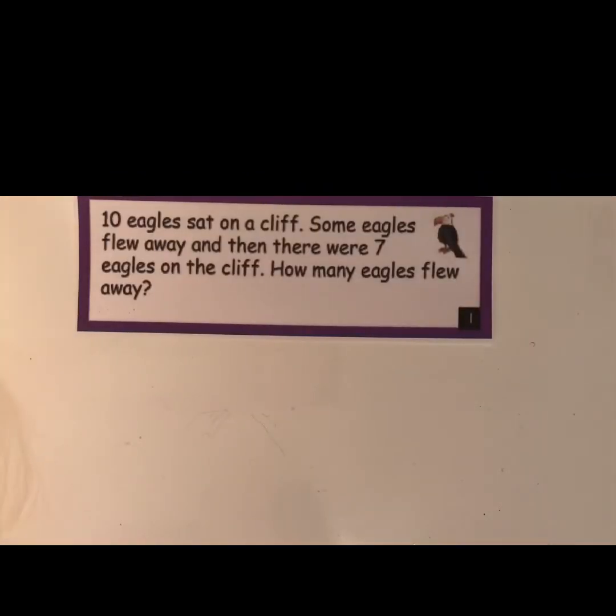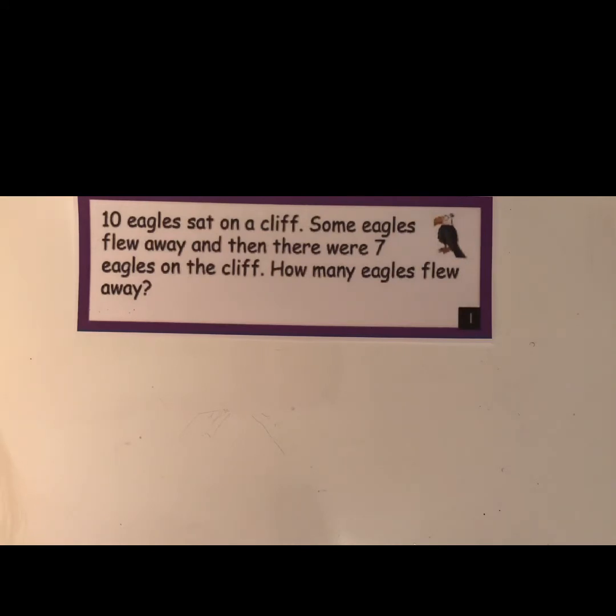Here is another story problem. Remember, we need to read it, we need to think about it, and figure out what is it asking us to do. Add or subtract, and a part model is one way to help us. 10 eagles sat on a cliff. Some eagles flew away, and then there were 7 eagles on the cliff.